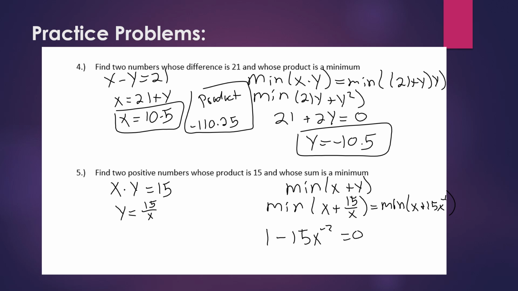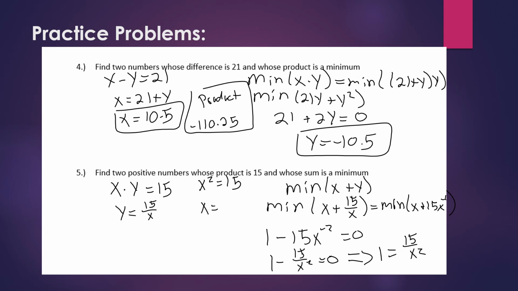Set that equal to 0. This is really 1 minus 15 over x squared equals 0. So 1 equals 15 over x squared. Multiply both sides by x squared, and I get that x squared equals 15. Take the square root, and this should give me a plus or minus.